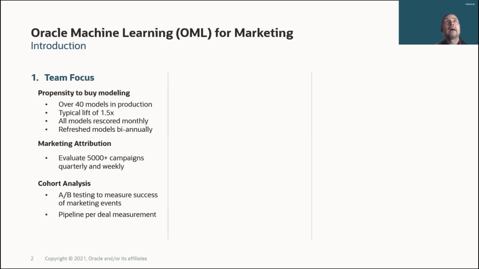In general, our background focus is on mostly propensity to buy modeling. I moved into the marketing org, bounced around a little bit, and mostly what I was working on was helping the marketers figure out the best list to send to customers. Which customers are the best targets for this product or for this particular campaign. That grew into what we call our propensity to buy modeling, or our fit modeling.